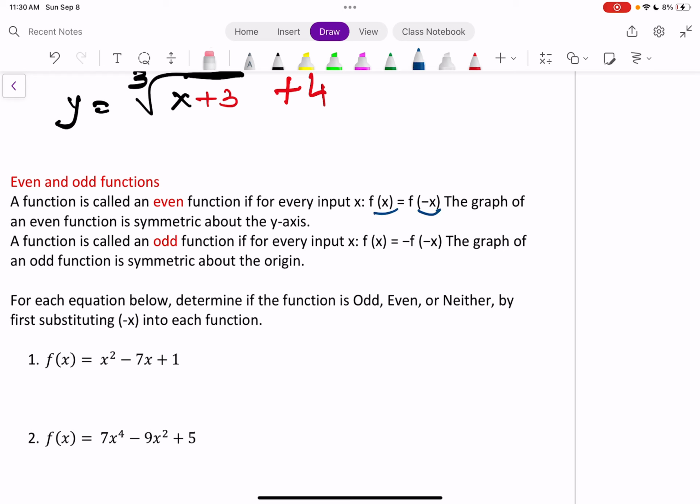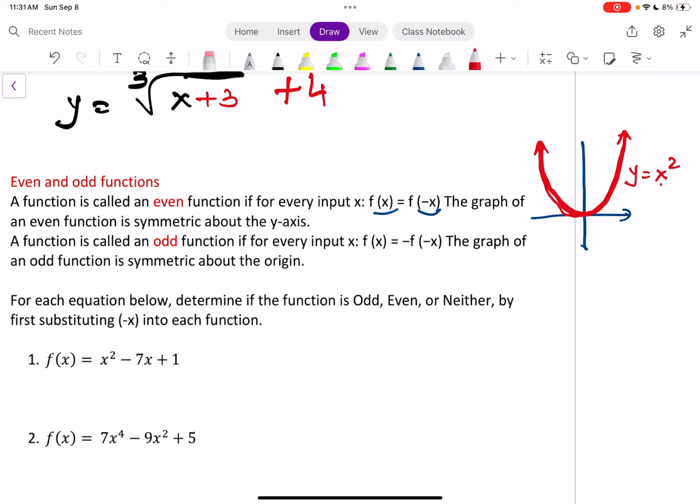So let me give you a very good example of an even function. The x squared function is an even function. So you could also look back at your library of functions and what functions are even. The x squared function, it looks the same. When you plug in a negative for x, you get the same answer.